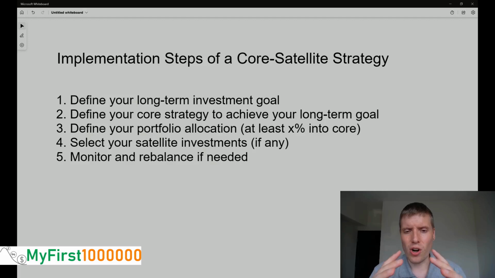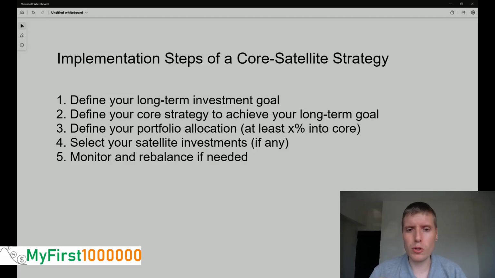As this is the core of your investment strategy, the majority of your money should go toward that strategy. At least I would say 50%, but usually it would be better to have 70, 80 or even 90% going towards the core strategy. And the rest of the amount you can put into specific satellite investments that are coming up, if you are able to define any of them.